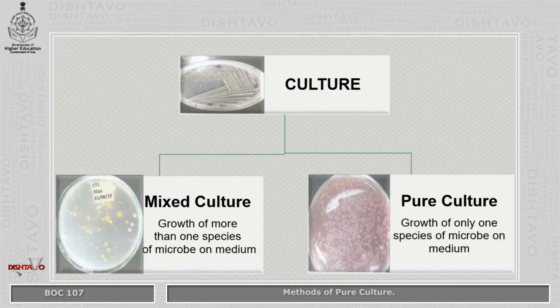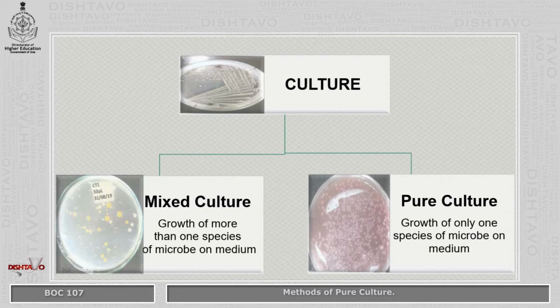How do we define culture? What is culture? It is nothing but the microbial growth. So whenever we grow the microorganism on the media, we call it a culture. Culture is of two types, mixed culture and pure culture.